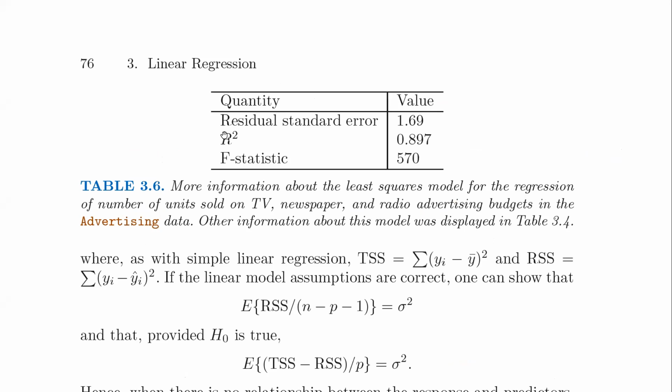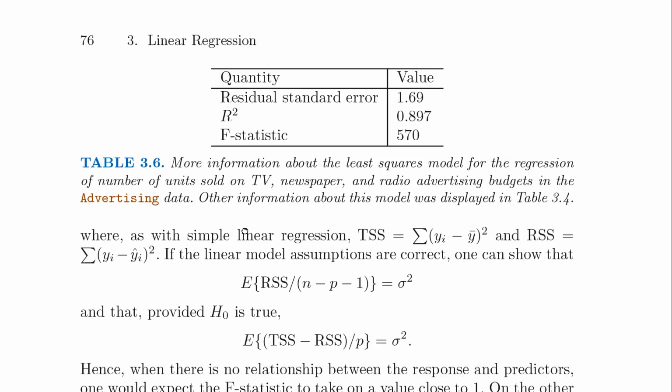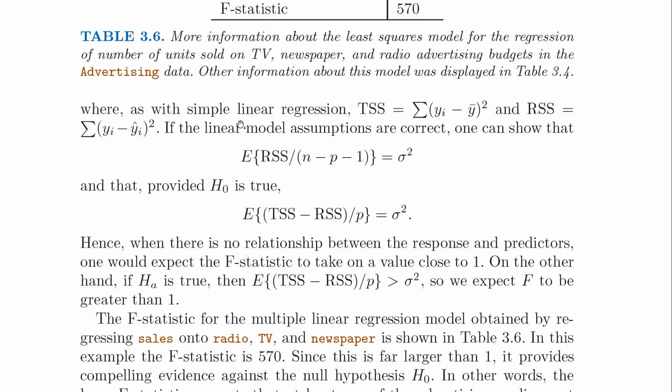Then we have this R squared, which again was one of those items that we mentioned, but only very briefly. If necessary, maybe tomorrow we'll spend one session on TSS and R squared. But what's interesting is that we have an F statistic of 570.